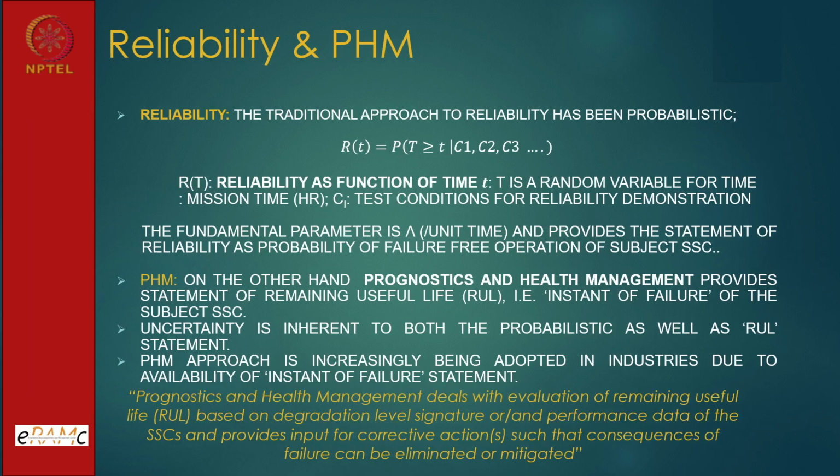We talk about the probability of failure. Even though at system level it gives assurance for the broad characteristic or quality of the component, it does not talk about the instant of failure.